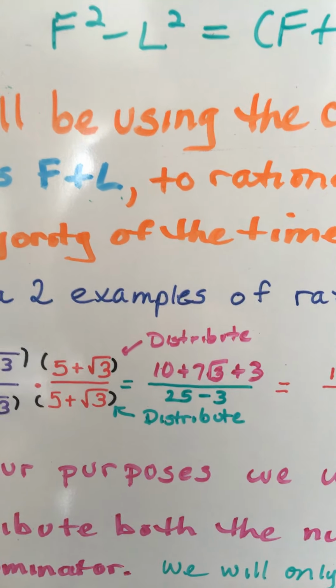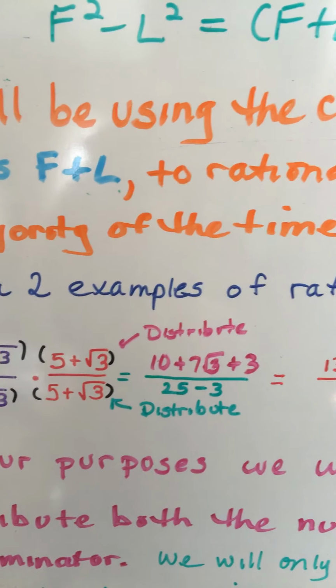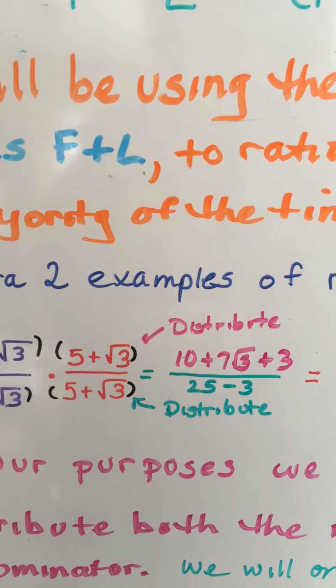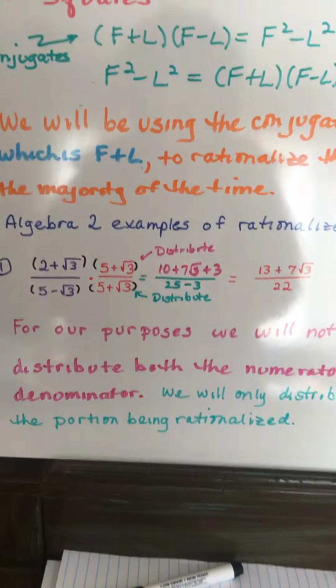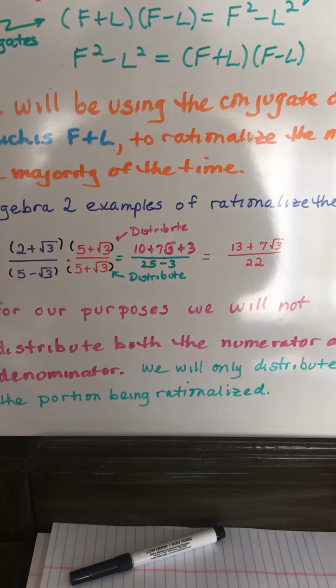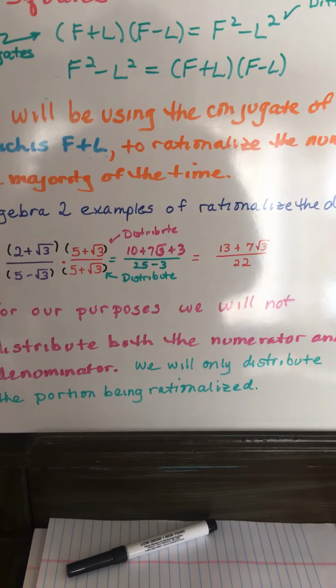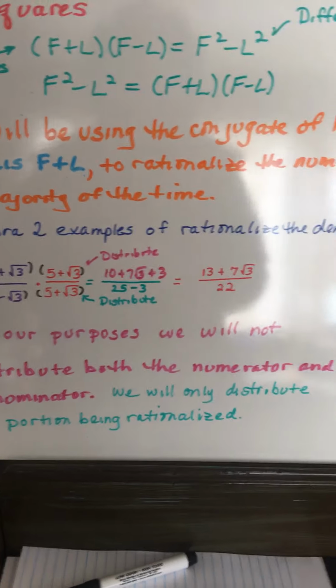On the top, we always distributed, and we went on and combined. What we're going to find out today is we're going to do the distributing, but we are not going to actually multiply the numerator or denominator, whichever one is being left behind, okay?